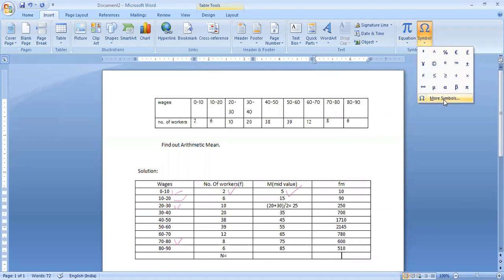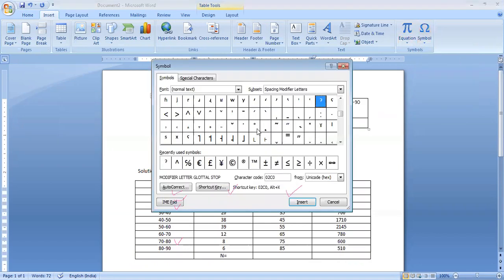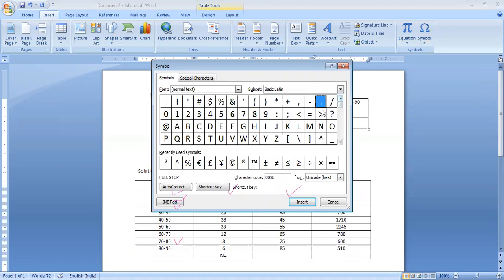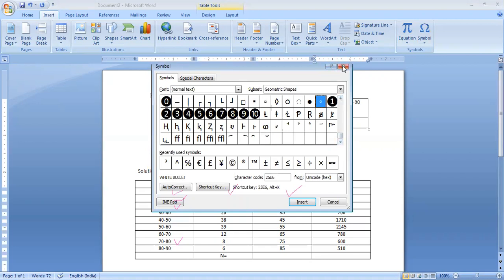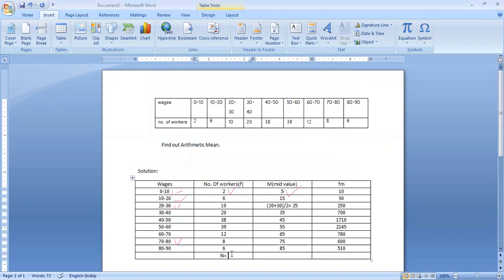I am looking for the sigma symbol. Okay. Now you tell the totals of this. N is equal to, sigma FM is equal to. These two totals are required. N is equal to how much? This total.